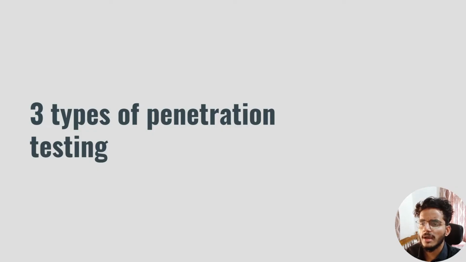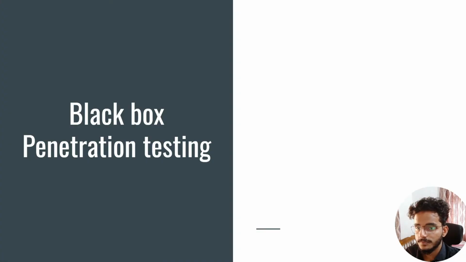Now let's talk about the three types of penetration testing. There are three approaches that are used to find vulnerabilities in applications or systems. The first one is black box penetration testing.